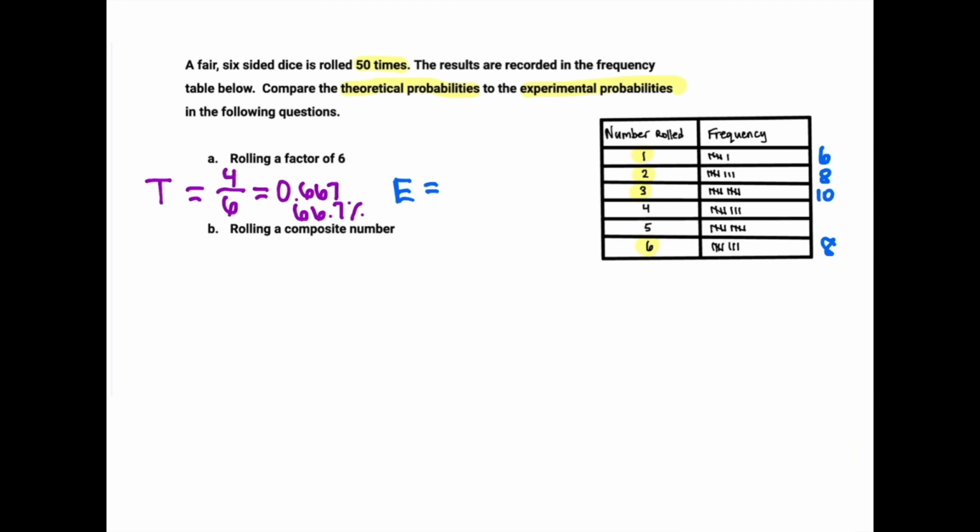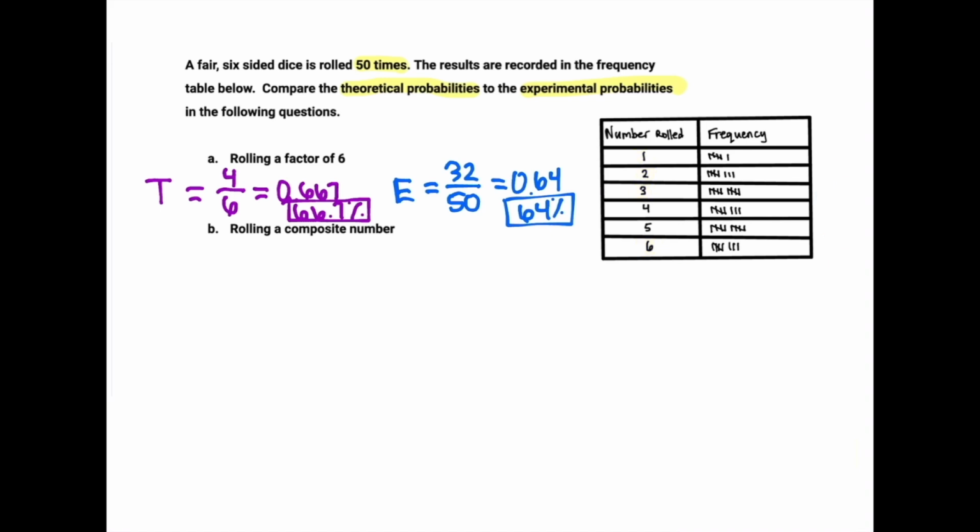When you add those numbers up, we get 32, and we rolled it 50 times. To turn that into a decimal, take 32 divided by 50. That's 0.64. So we got it about 64% of the time. In theory, we should have gotten it 66.7% of the time. Our experimental probability was not far off from our theoretical probability.